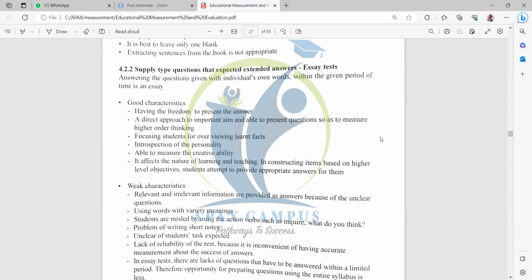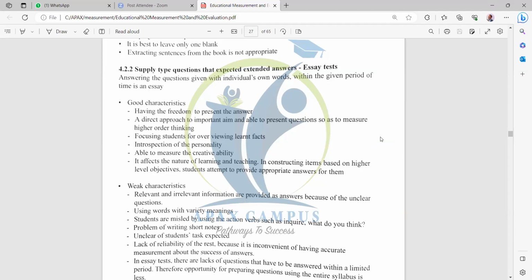It affects the nature of learning and teaching. In constructing items based on higher level objectives, students attempt to provide appropriate answers for them. Right. So it affects the nature of learning and teaching. That depends on how the adults behave, the experienced people behave, right?